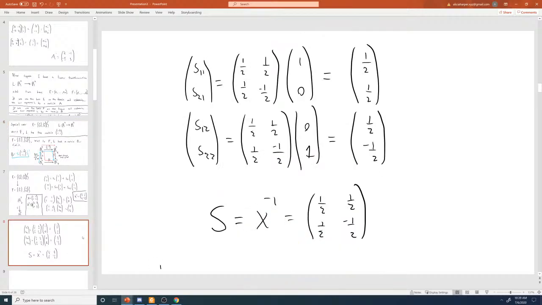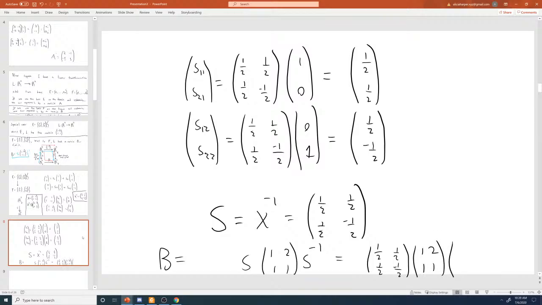Because I have to have B is equal to 1, 2, 1, 1, and then multiplied by S inverse on the right and S on the left. So this will be the same thing as 1/2, 1/2, 1/2, negative 1/2, 1, 2, 1, 1, and then 1, 1, 1, negative 1.